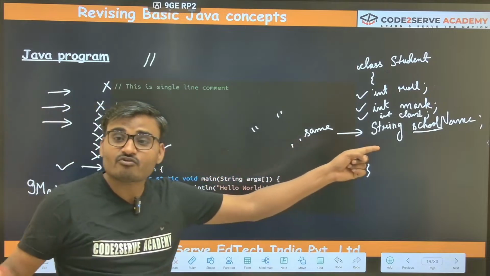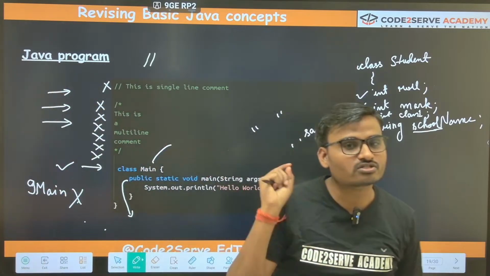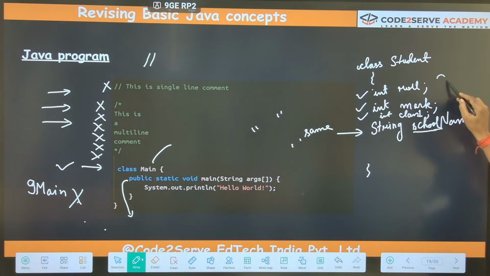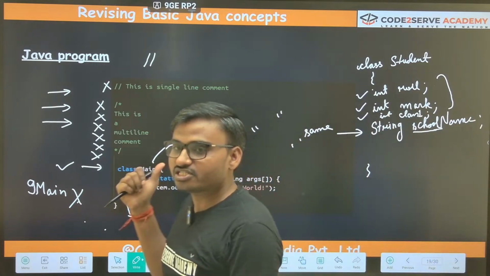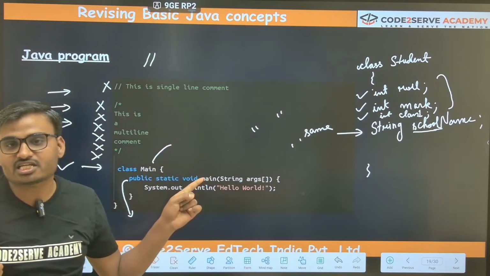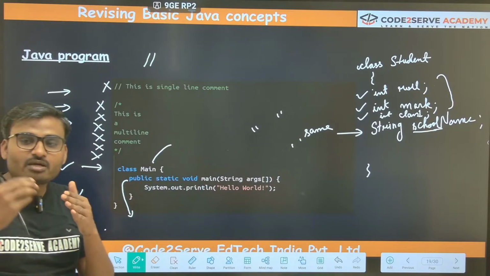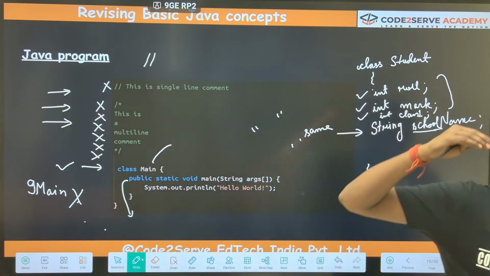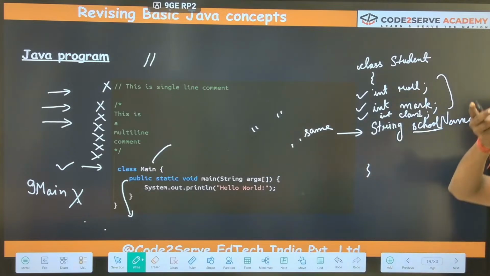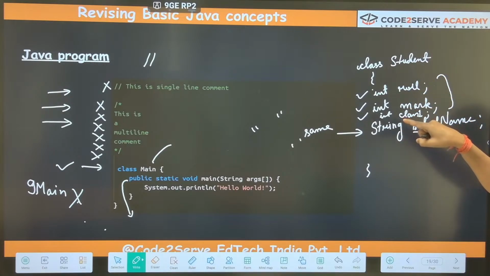This will be the same for every student studying in your school, but all these other values will change. So whenever you have this type of concept where you have to keep something the same for every object, that is the keyword static. Got my point? This is a structure, a blueprint to create one user or an object like you.